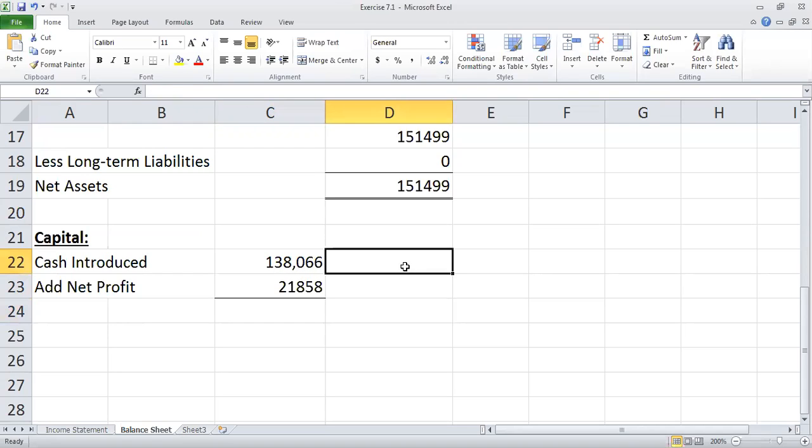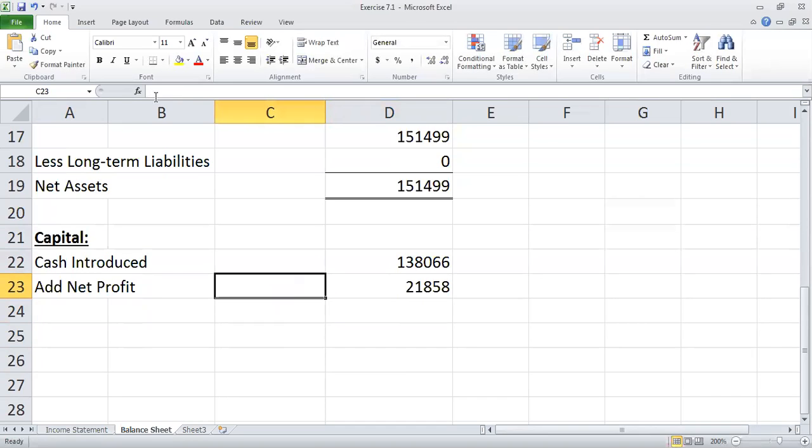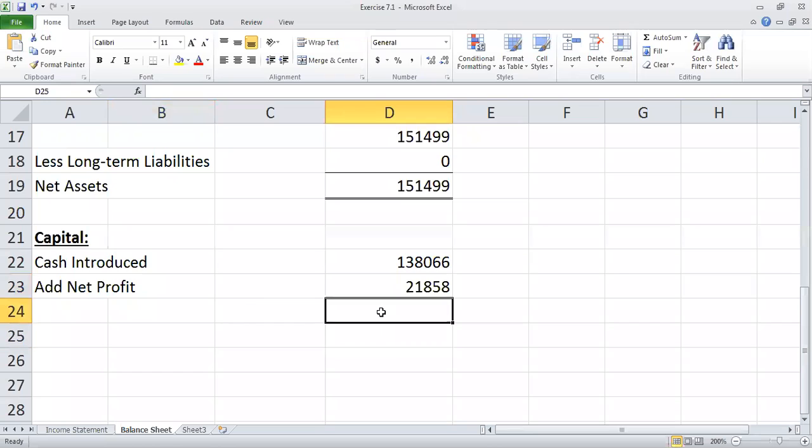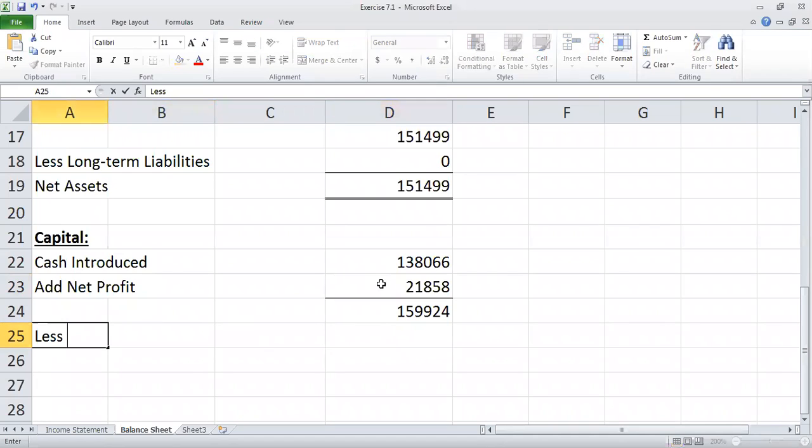Put it over here. So 138,066, add net profit 21,858, and that will give you 159,924.